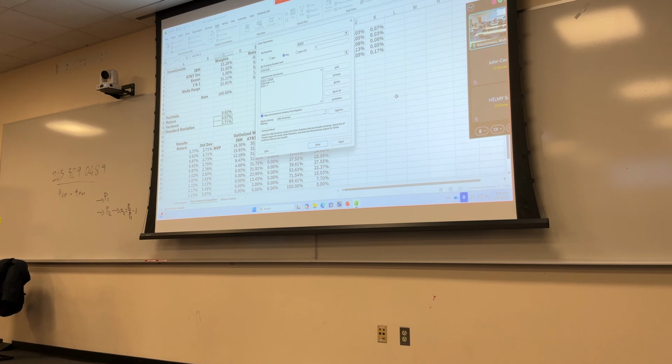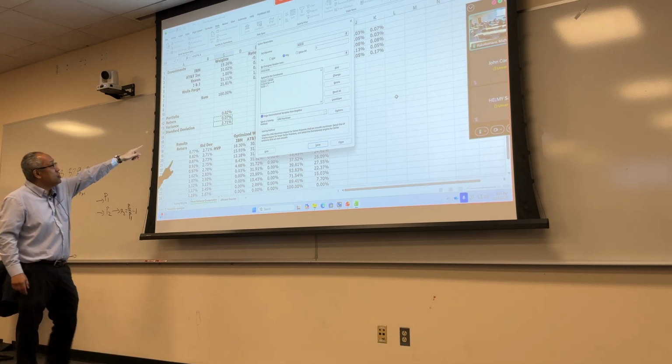So the first thing you tell Solver is your objective. What are you doing? You're maximizing something, minimizing something, or you're targeting a particular value. So what we want is we want to minimize variance, right? The variance of a portfolio. So set objective, you guys have noticed, I chose C13.